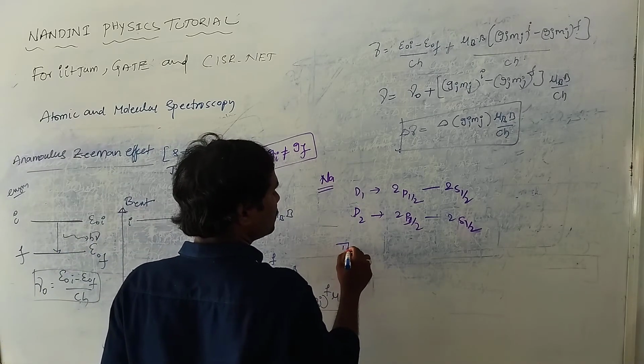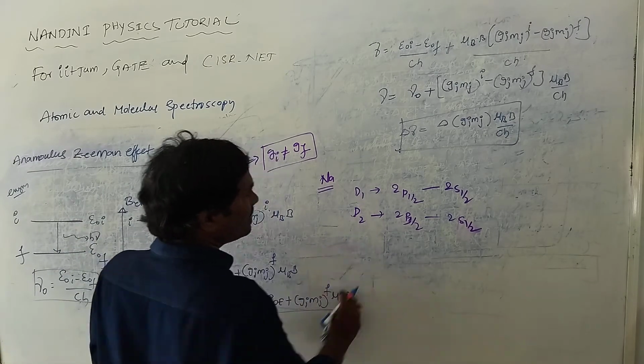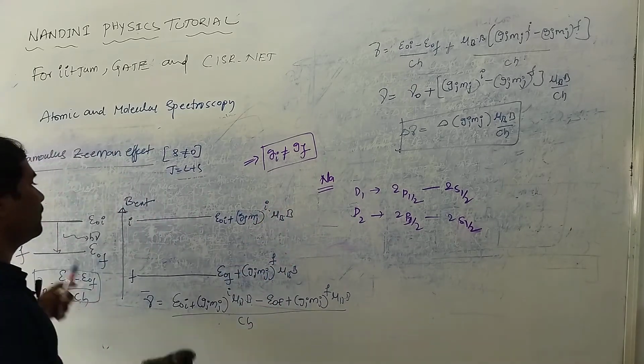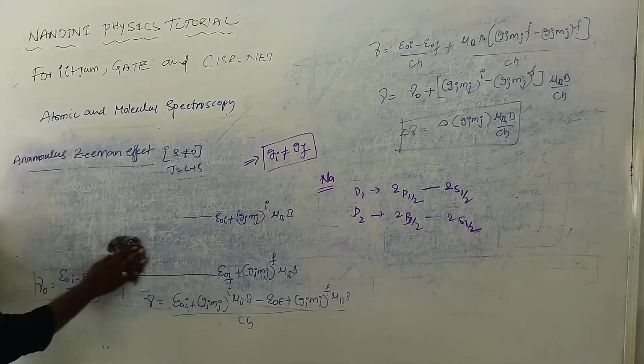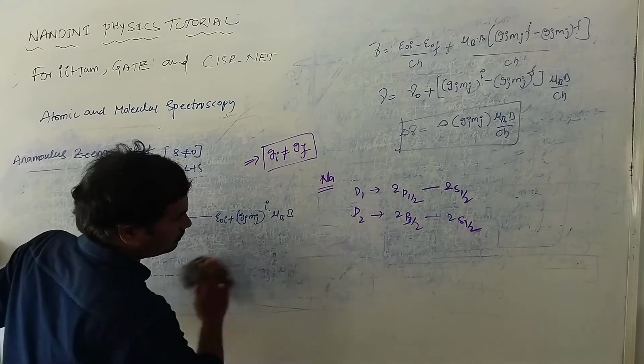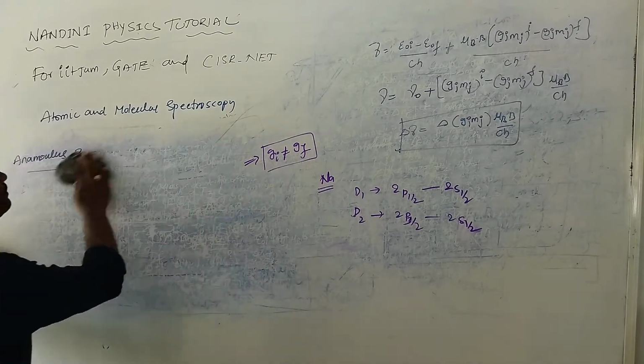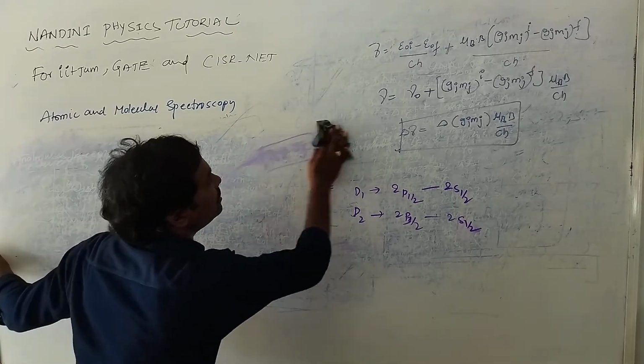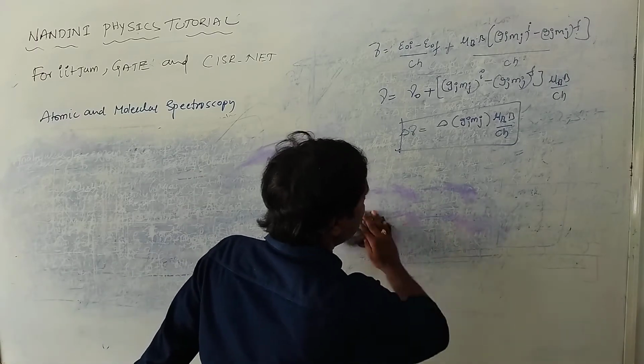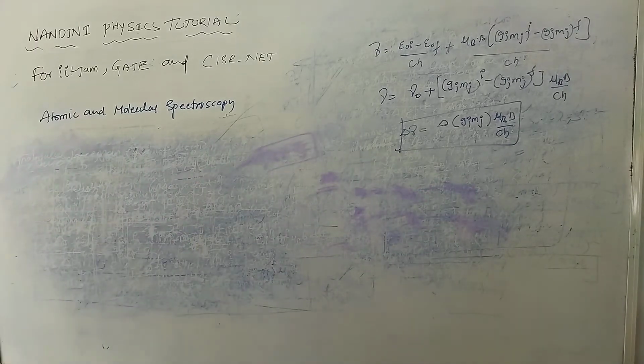The possible values I will write here, and I will explain this in the next class. So we will get the energy shift. Now I want to prove the Zeeman pattern for the sodium D1 and D2 lines.